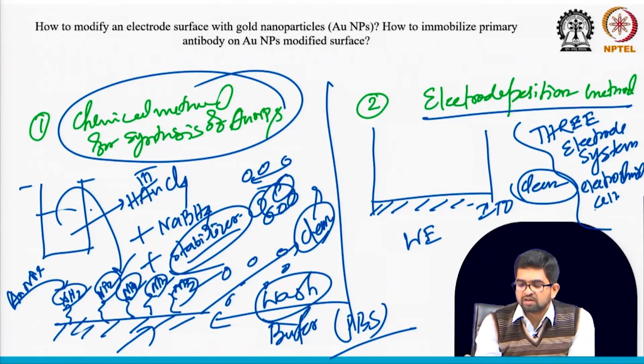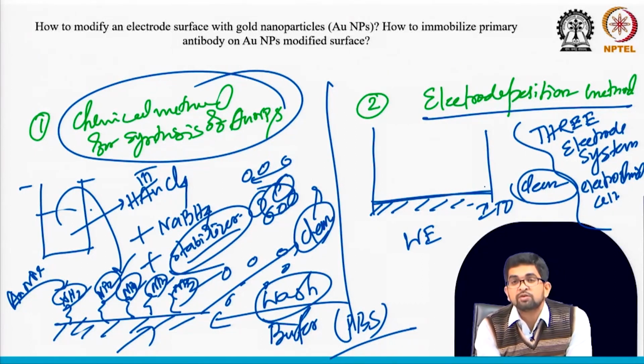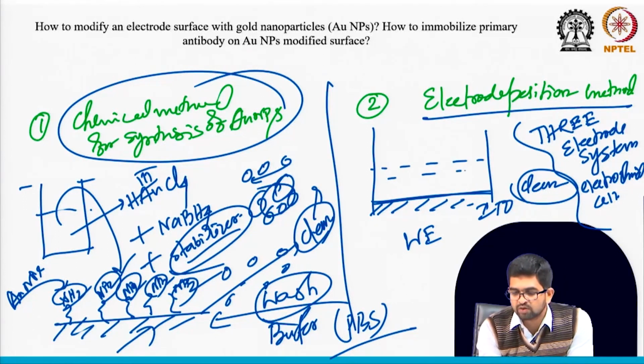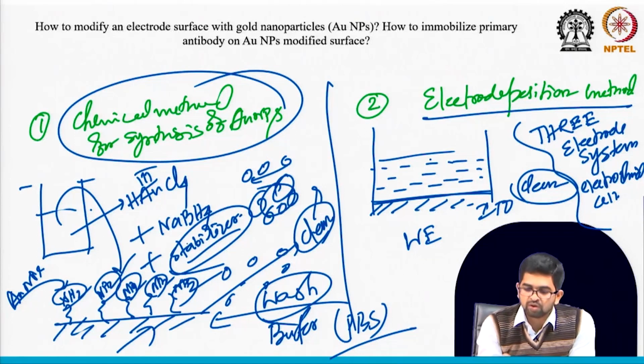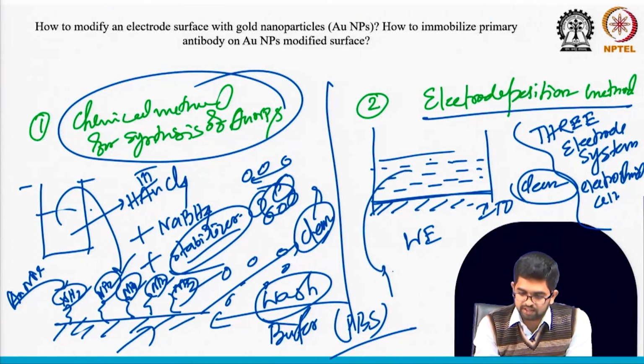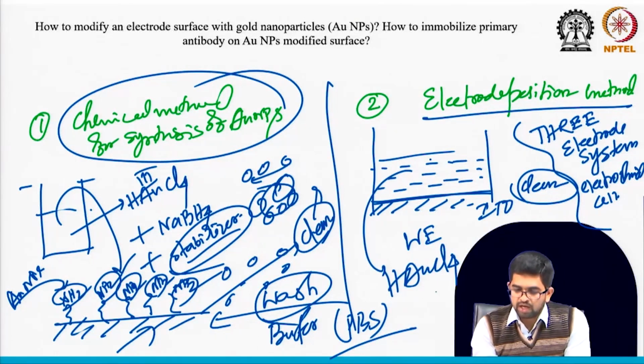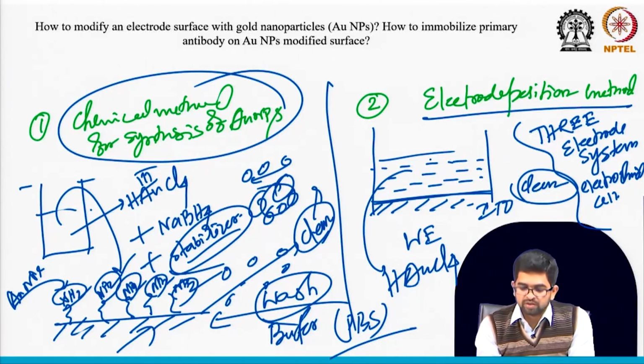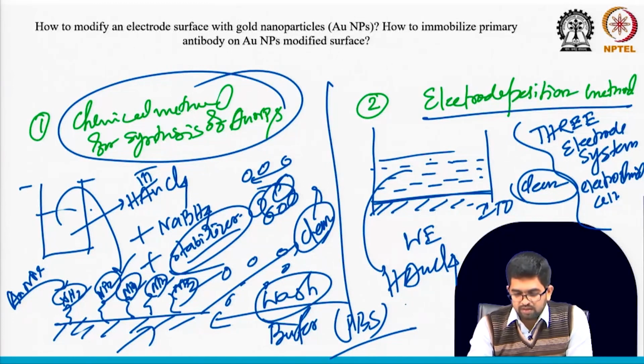In the 3 electrode system electrochemical cell, your ITO will behave as the working electrode, and you have to use the electrolyte, right? The electrolyte will be your chloroauric acid, HAuCl4, and we will not use very high concentrations of chloroauric acid. We will use like 0.1 millimolar or maybe 1 millimolar chloroauric acid.